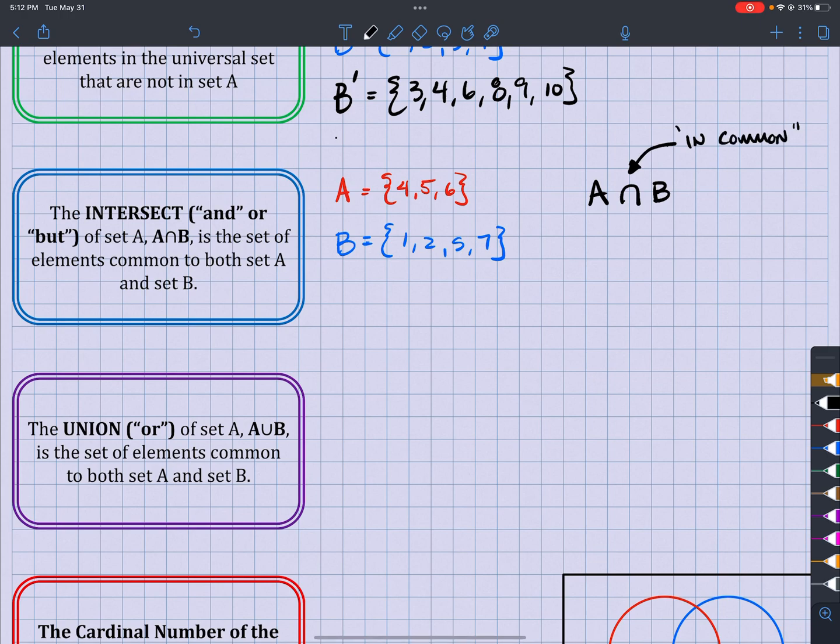What's in common, the intersect. So what's in common with A and B? Like we said before, I see that the 5 is in common, so this is going to give me 5.